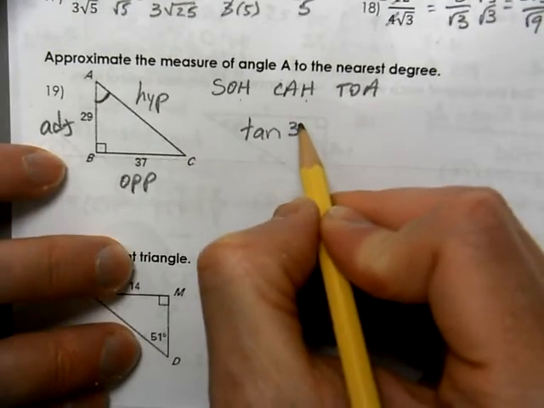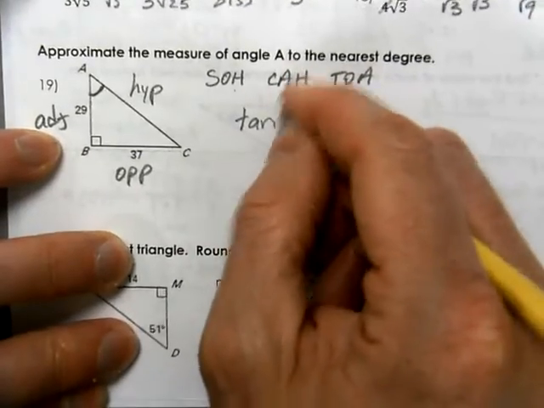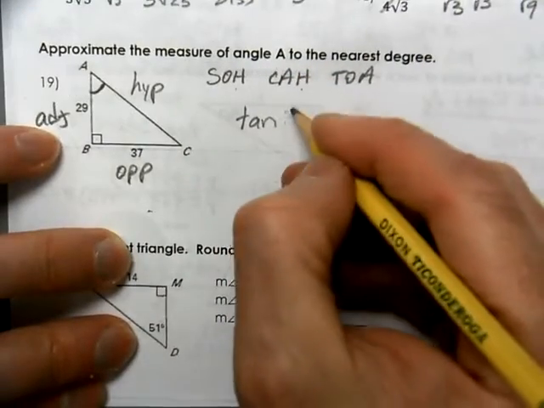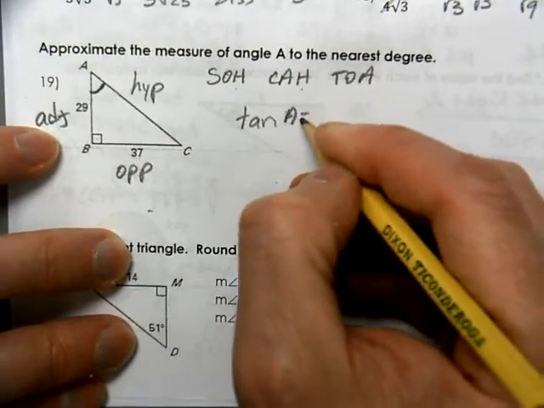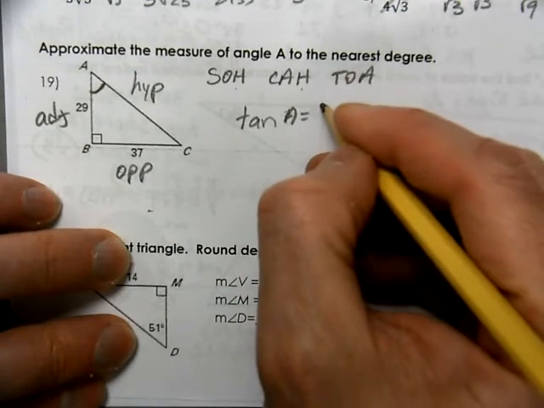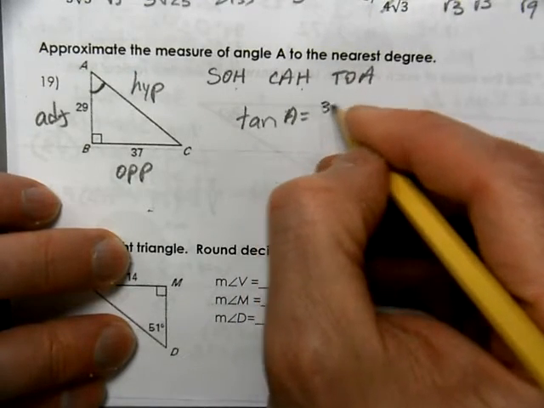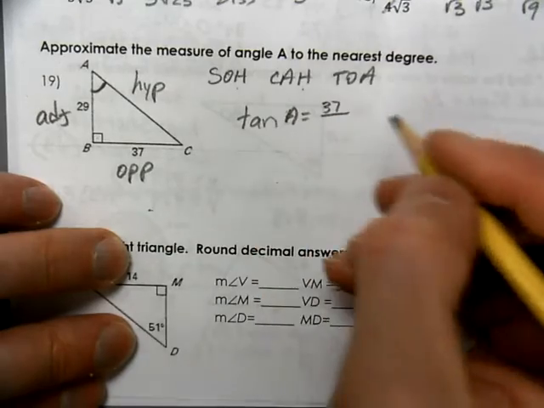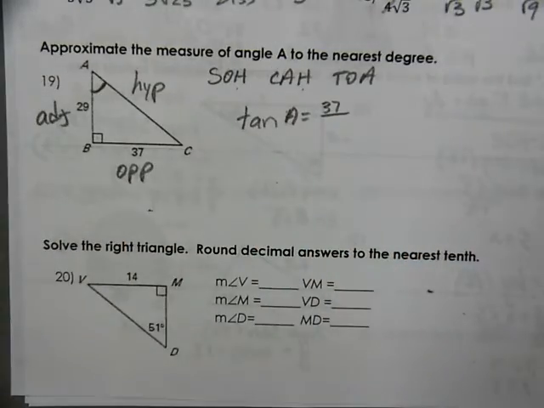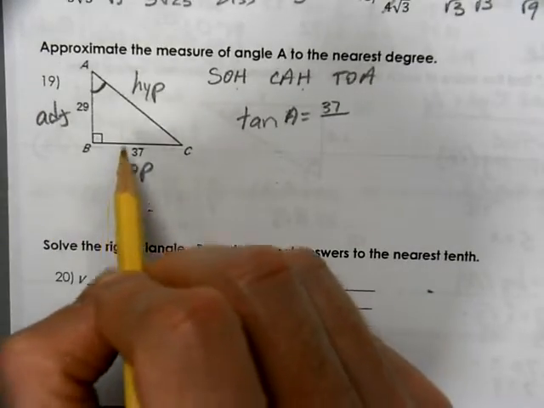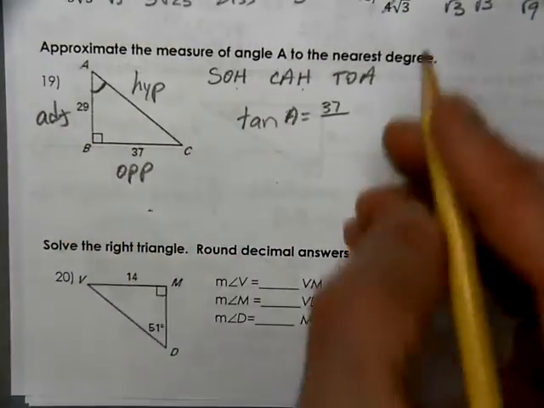Tangent of angle A equals the opposite side over the adjacent side.